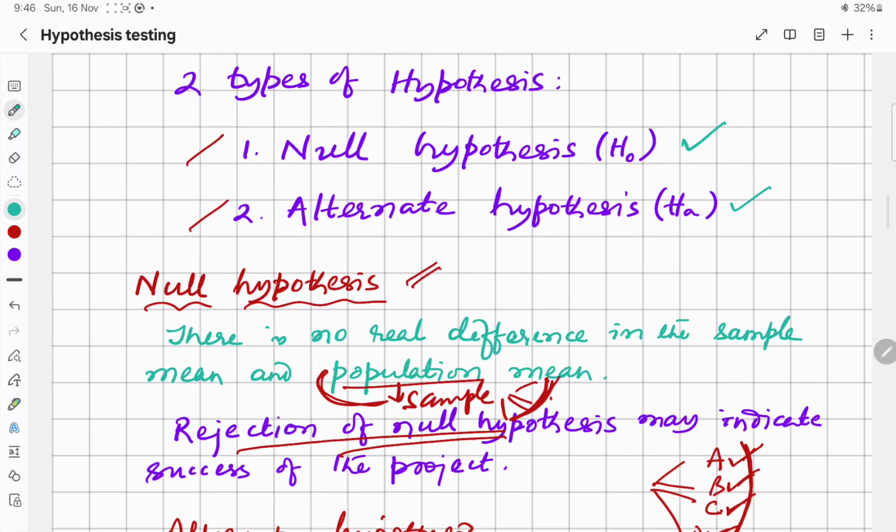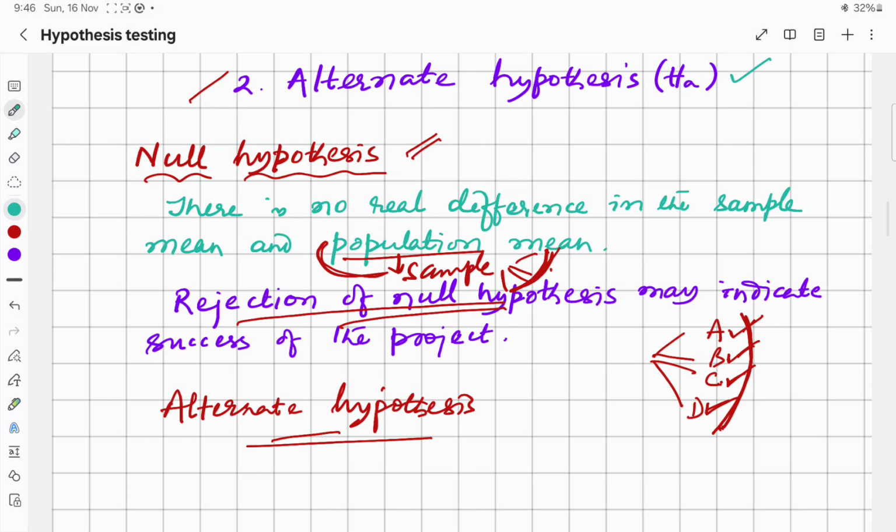So two types of hypothesis: null hypothesis H0, alternate hypothesis HA. Null hypothesis, there is no real difference in the sample mean and the population mean. And when we have multiple samples, say A, B, C, D, so all will have same mean. That if we are assuming, then that is null hypothesis. And when we reject the null hypothesis, then we can conclude that there is a significant difference between all these different groups.